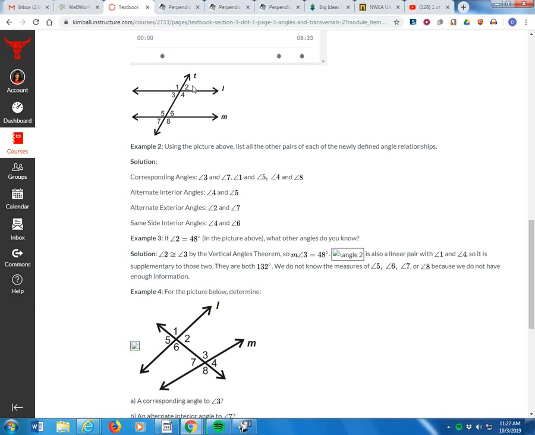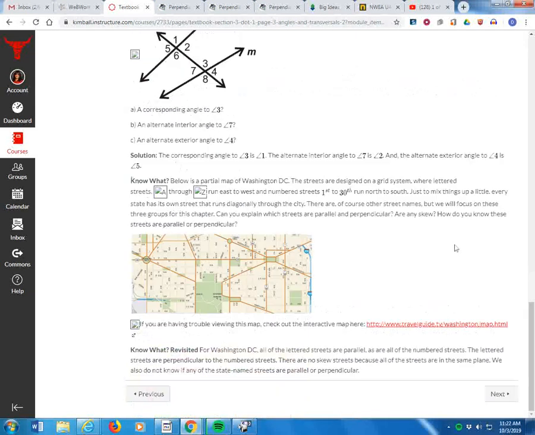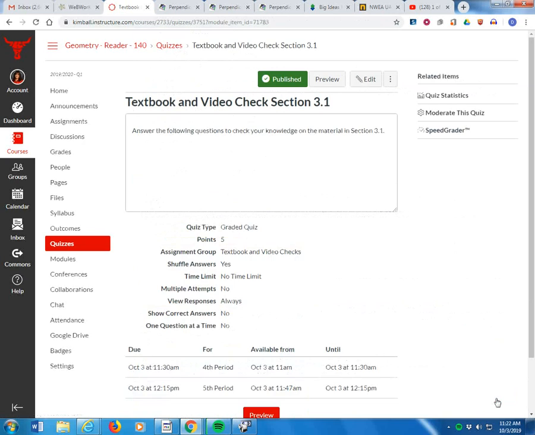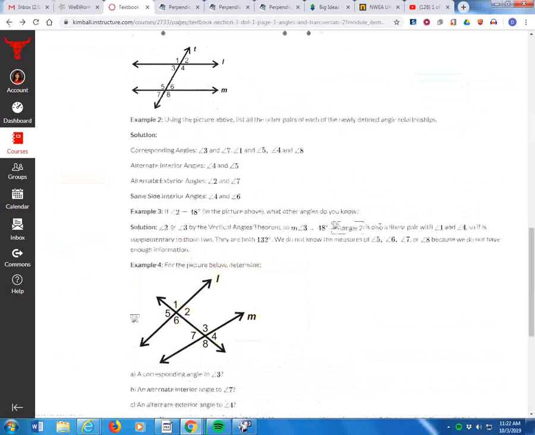Okay, when you see something like this, where we have two lines that aren't parallel and a transversal, we still can create those kinds of angles, but there's no relationship between them. When they are parallel, and I don't know if we talk about that in this section or not, but I'm going to just talk about it now because it goes along with what we're saying.